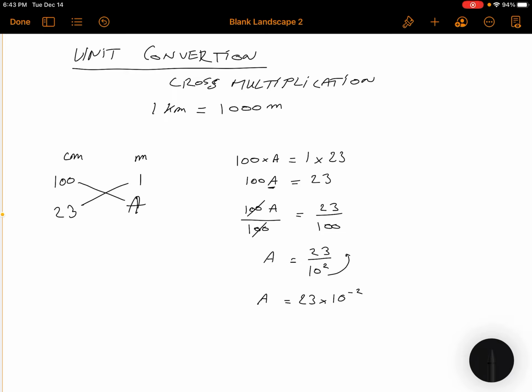We went from a division to a multiplication with the scientific notation. On the 23, your decimal is here. Minus 2 means there are 2 numbers before your digit: 1, 2. With that scientific notation, your decimal should be there. So A is equal to 0.23 meter. That's how you convert from one unit to another.